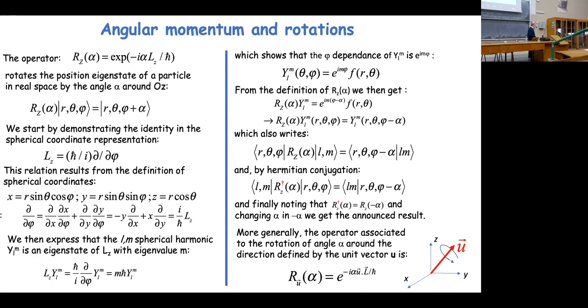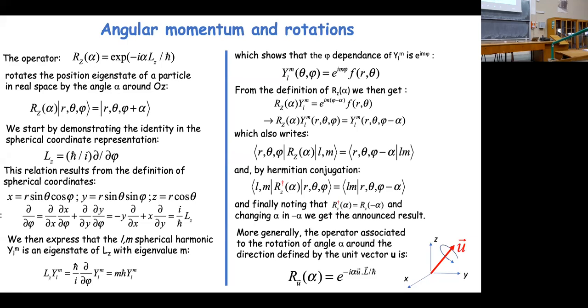But in fact, the z-axis has nothing particular. You can get a rotation along any direction, which is defined by a unit vector u. You just take e^{-iα} times the projection of L over u, which is the scalar product of L with u. And this is the operator which describes a rotation around any axis by angle alpha.